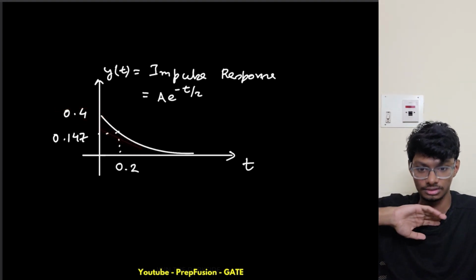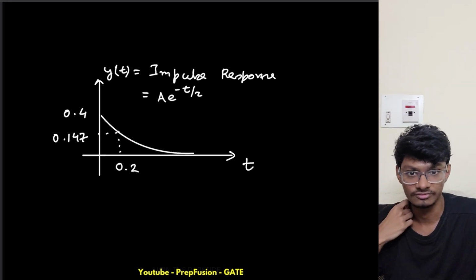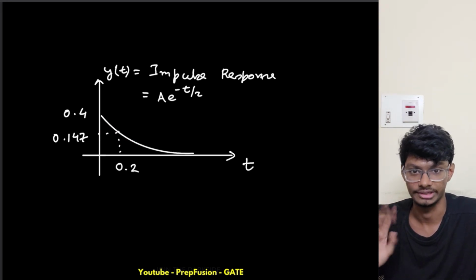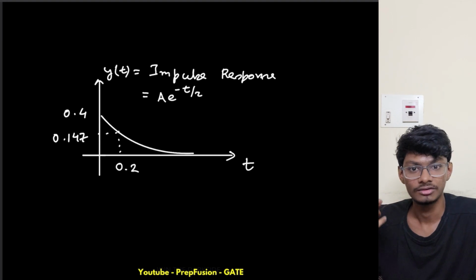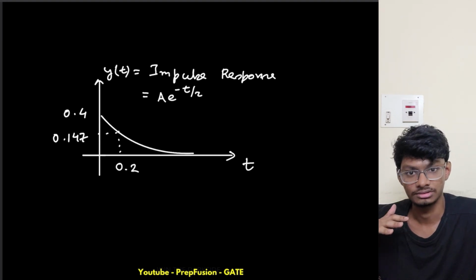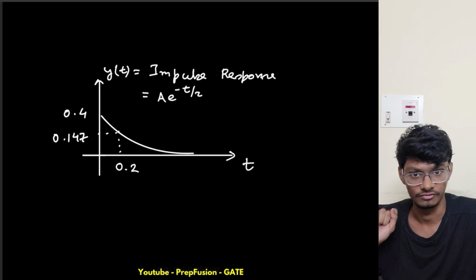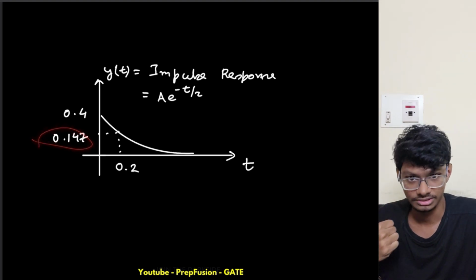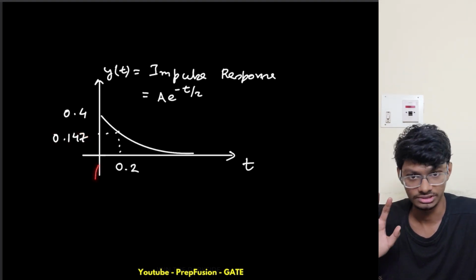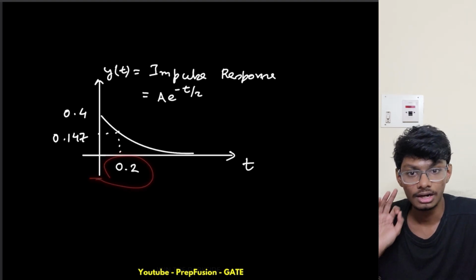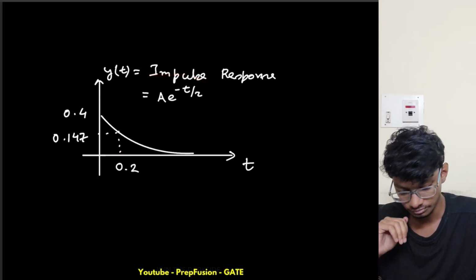For a decaying exponential, the time constant tau is defined as the time when it reaches 36.7% of its initial value. So this is the time constant of this exponential.